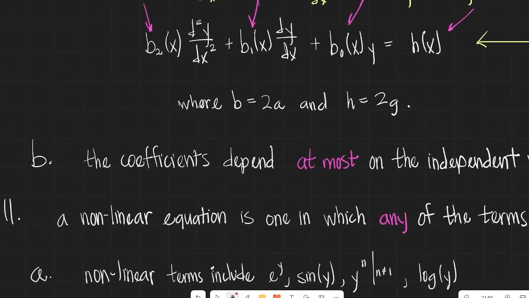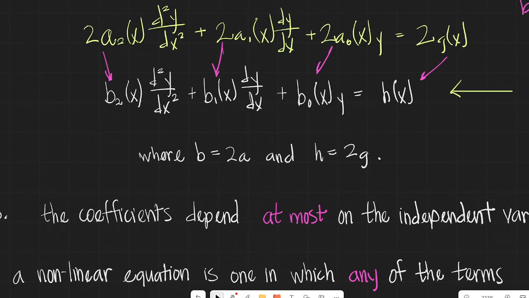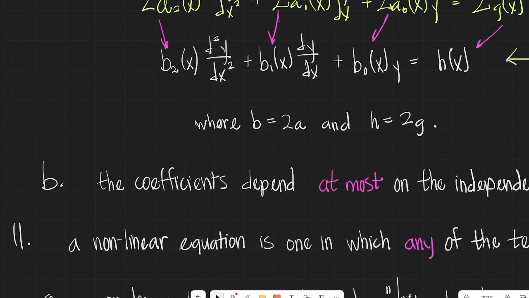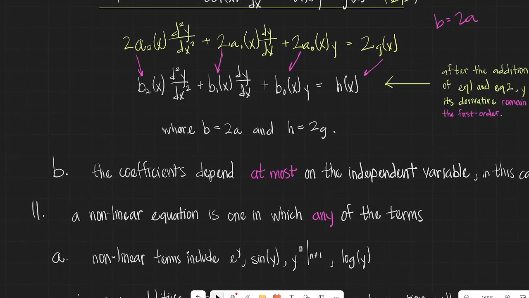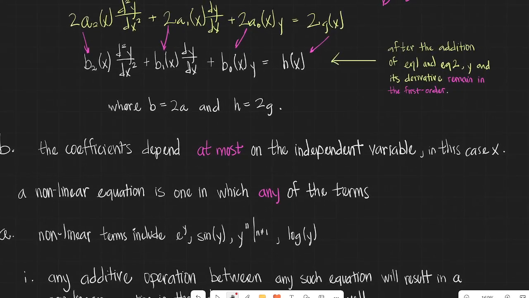You can see where I defined these parameters here, but it didn't change the linearity of y. So the equation is linear. When you add them together, it checks out, everything works. So what we should take away from all this right now is that the coefficients, a and b up here, they can depend at most on the independent variable x. That is the whole idea.